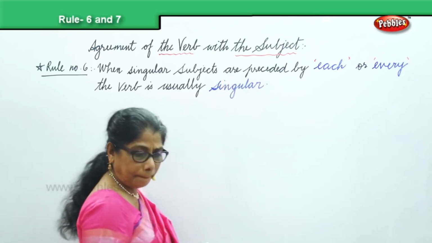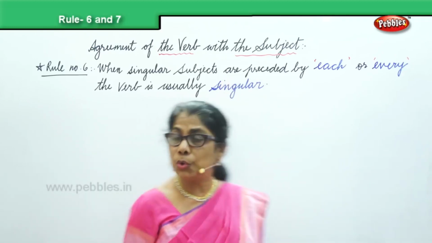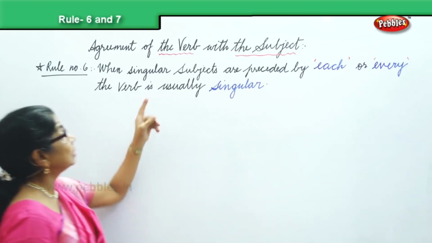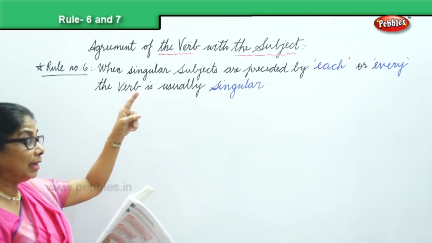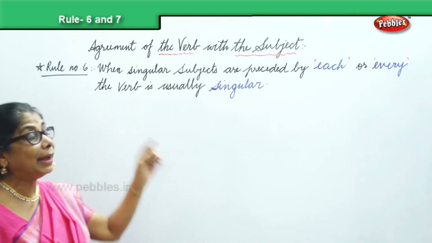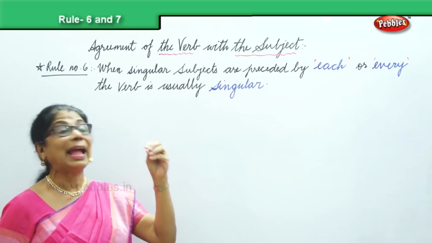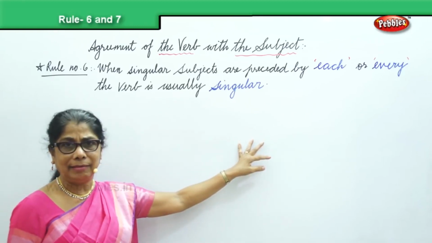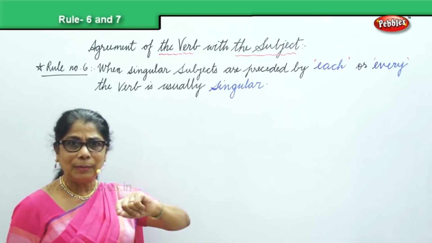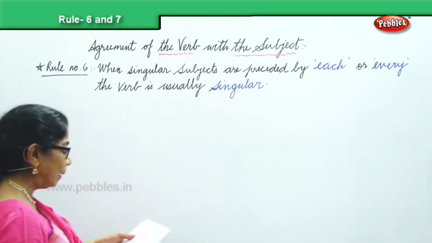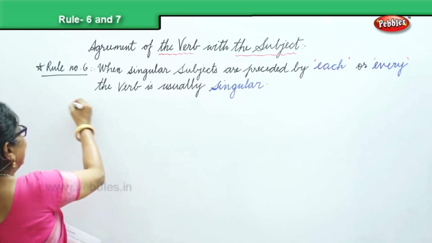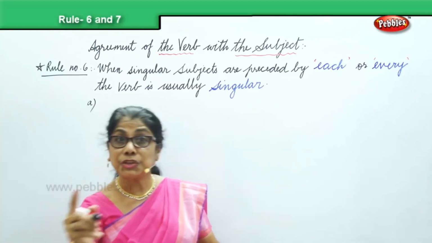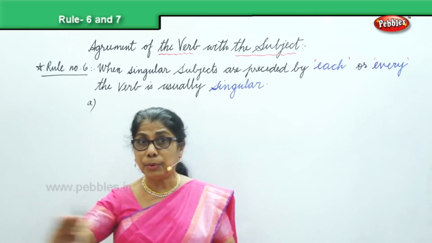Let's look at that. In rule number 6, it says, when singular subjects are preceded by each and every, then the verb remains singular. So I have some examples here for us to understand. When I say each of the boys, there are a number of boys here.